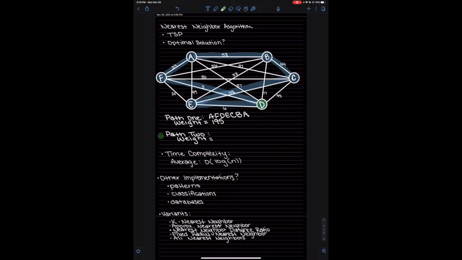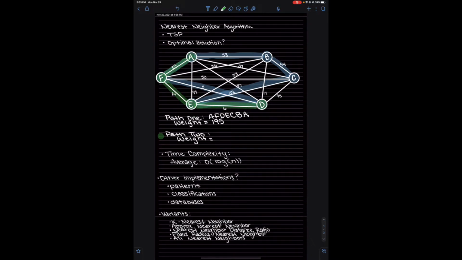Alright, starting at D, my shortest edge is to E, got 6. Then I've got F, which is 24. Then after that, F5 would go back to D, so we can't hit that one.